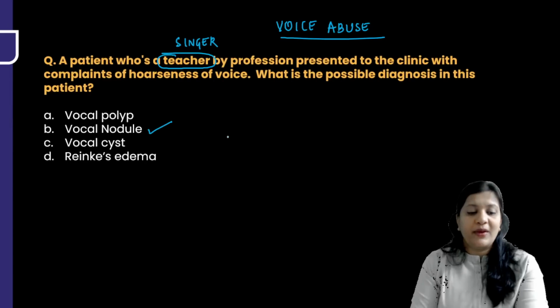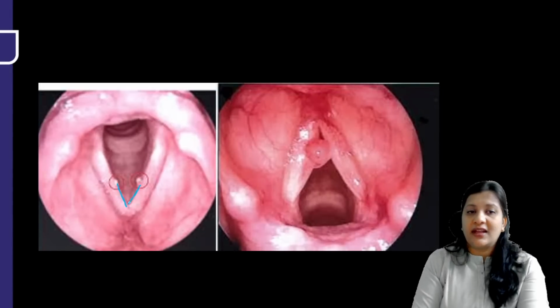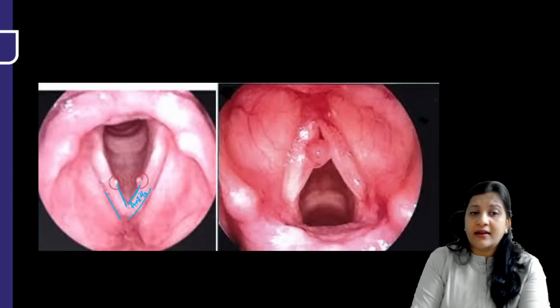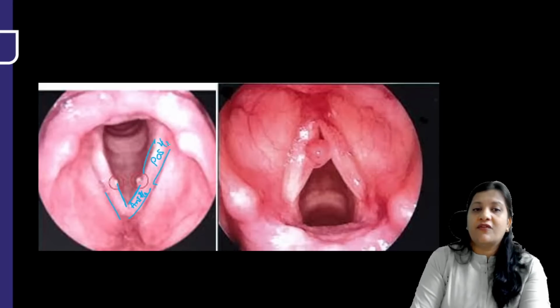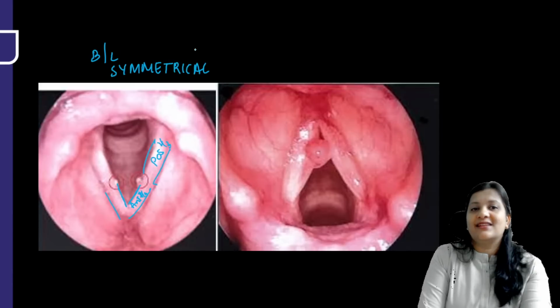These are typically seen at the junction of anterior 1/3 and posterior 2/3 of the vocal cord. They are bilateral, symmetrical lesions.